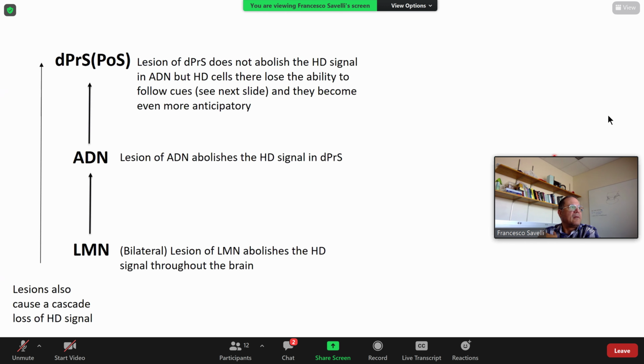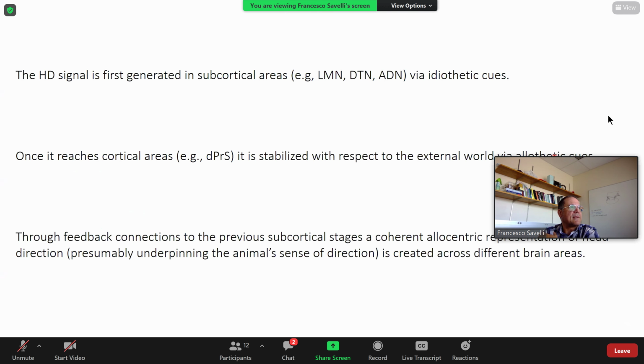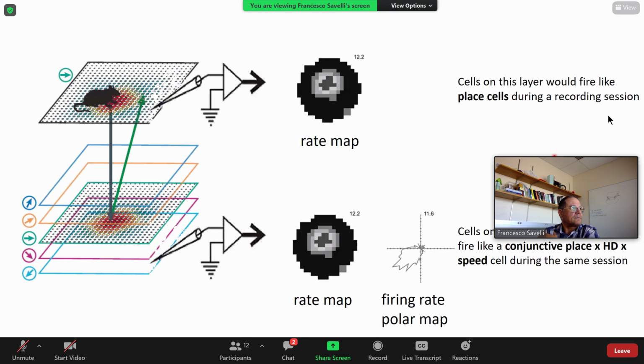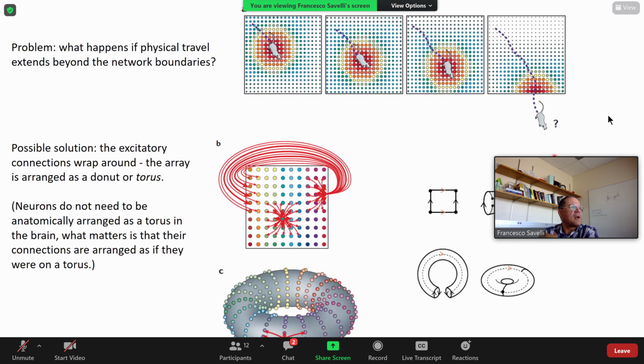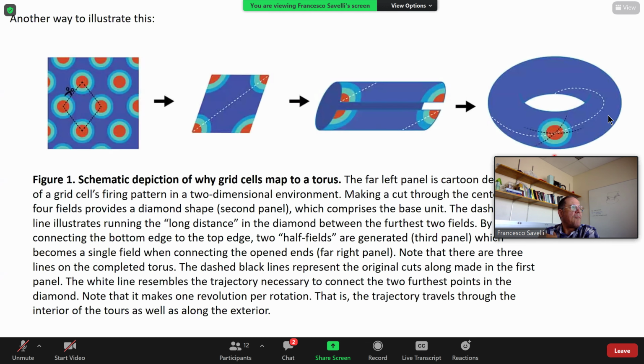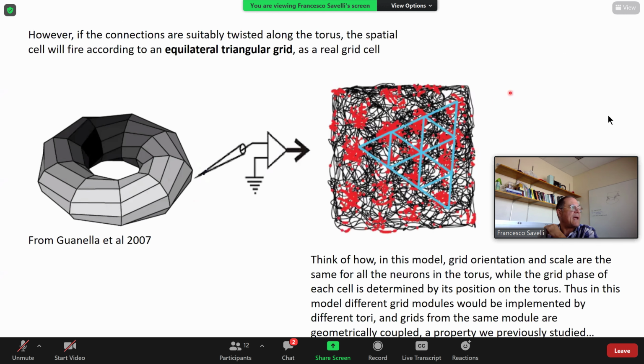On the donut, you have something similar, so that if you're recording from two cells on the donut, because the bump moves in that way, when you look at those two grid cells, those grid cells will always have a firing rate map that is offset from each other by the same vector.